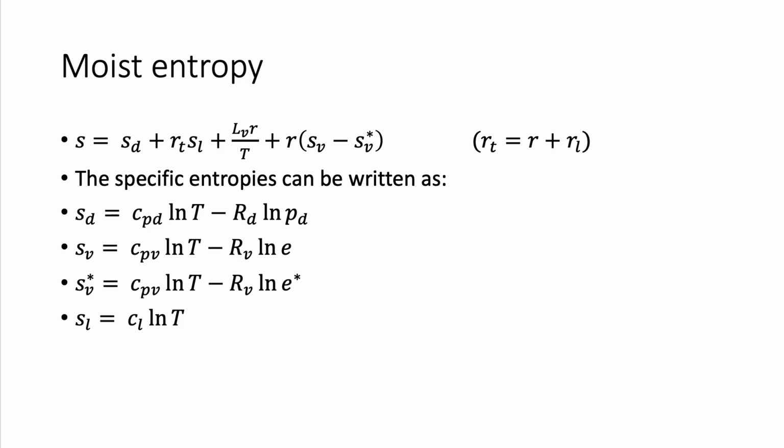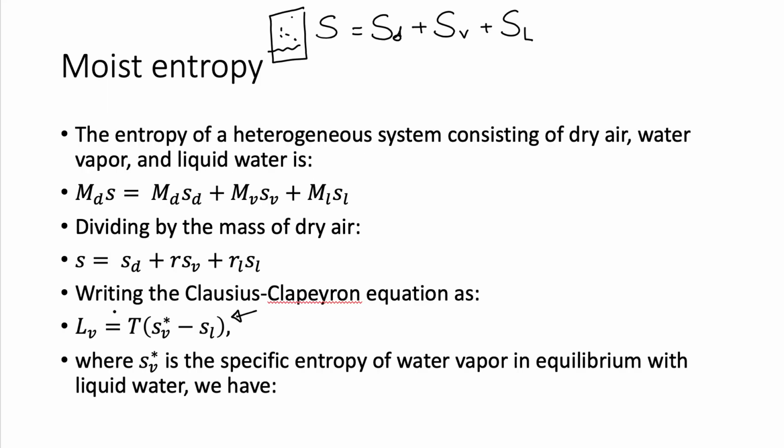But essentially, using the Clausius-Clapeyron equation, we can use this to essentially get rid of SL, right? Because from this, you'd have that SV star minus SL equals LV over T, right?